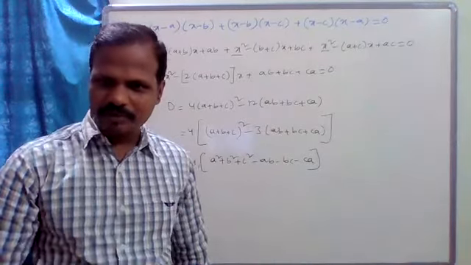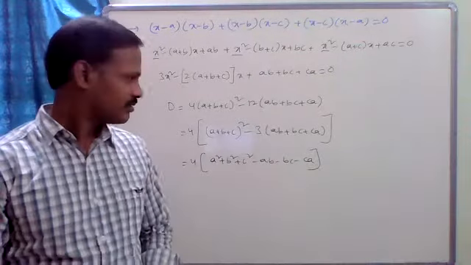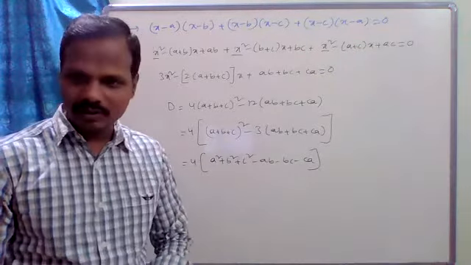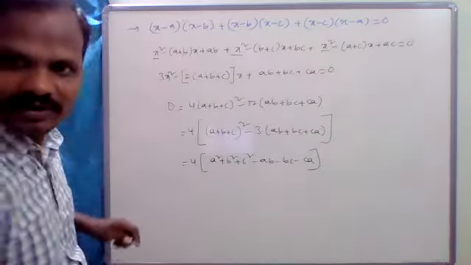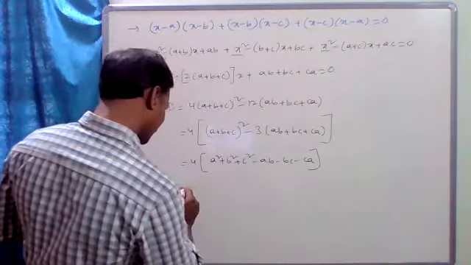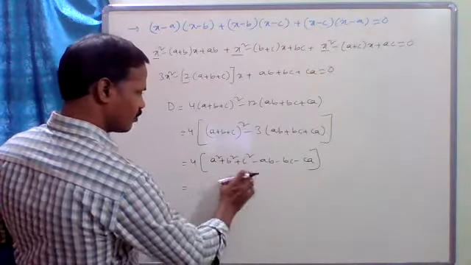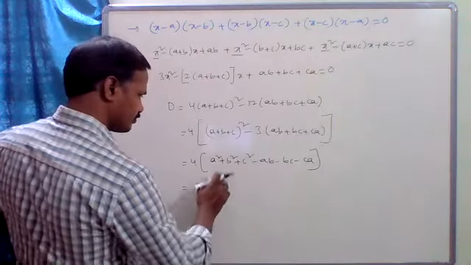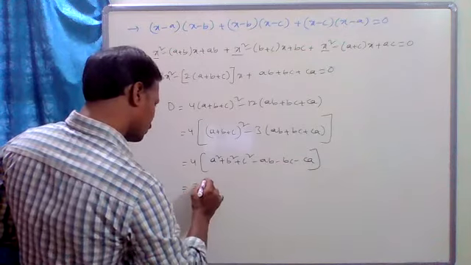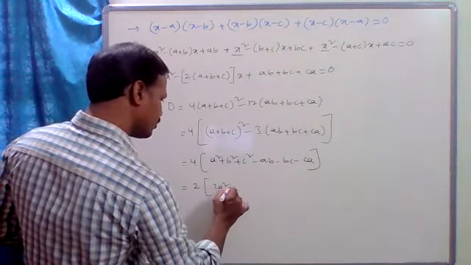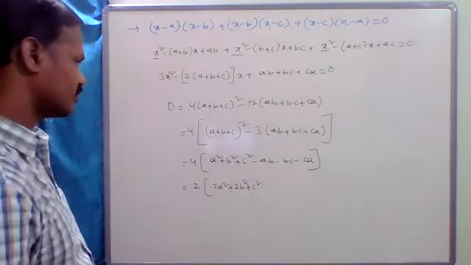A cube plus b cube plus c cube minus 3abc. No, no, no. Okay, see. So now here, what we have to do is, this is 2 into (2a square plus 2b square plus 2c square).